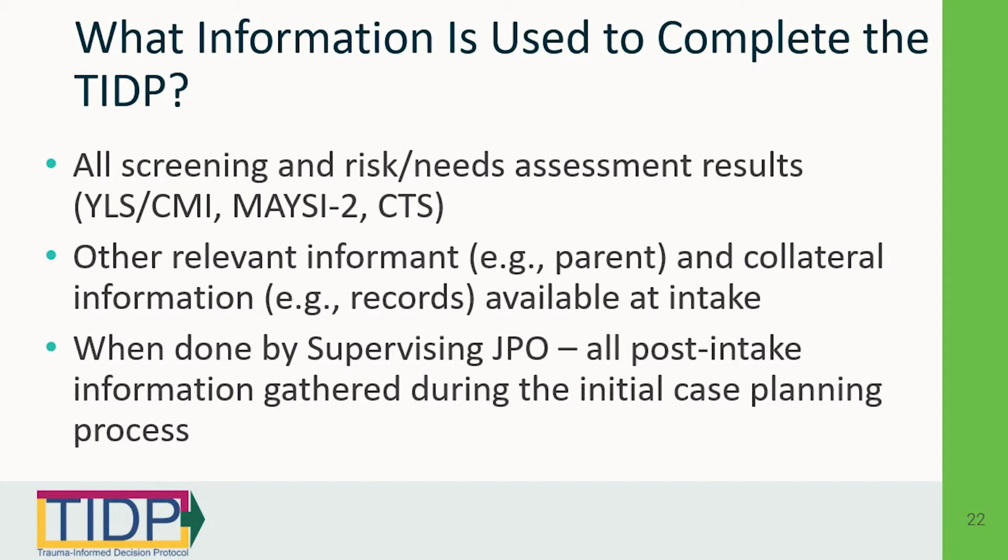Information that is known from prior probation or court records. Other collateral contacts that a probation officer might be having with, for example, other behavioral health or mental health treatment providers. That information generated through the intake process or in the post-disposition early initial case planning process could also be utilized and integrated into making decisions on the trauma-informed decision protocol as well.